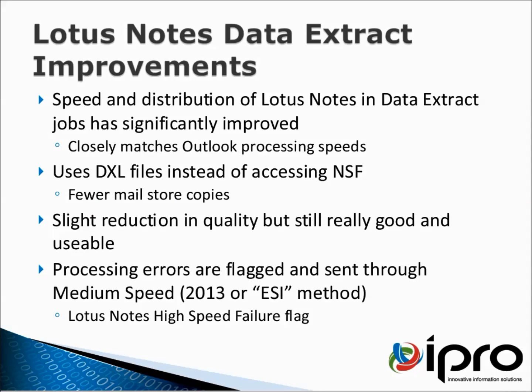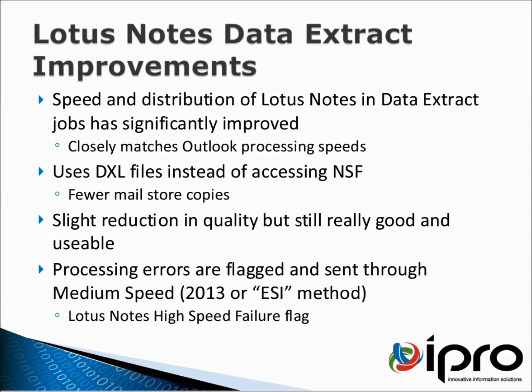But starting with Lotus Notes, that's really where the biggest and largest change in this release has been. Significant speed and distribution improvements for Lotus Notes data have been found in this version of the tool. Data extract jobs in particular now provide a new setting to go even faster when processing our Lotus Notes data.